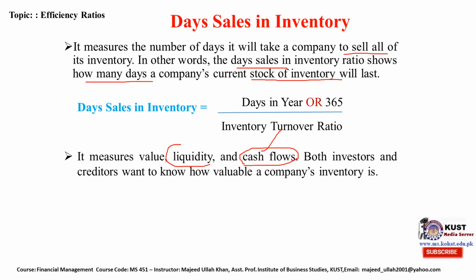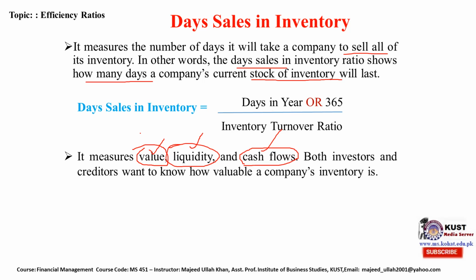When inventory is converted into cost of goods sold, it shows liquidity, that the amount held in inventory will be converted into cash. It shows the value of the inventory as well, that the company has no slow moving items, no obsolete items, no damaged items. It is valuable inventory that can be converted into cash.